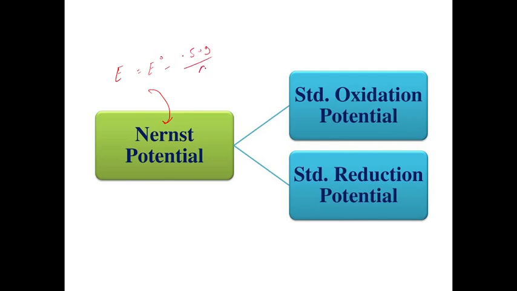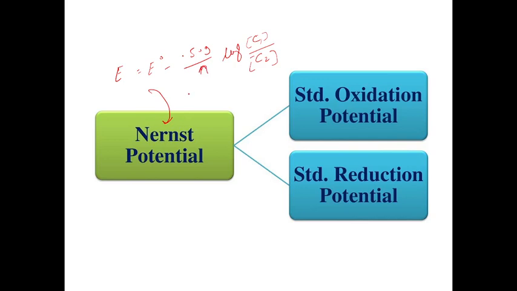E equals E naught minus 0.059 by n, log of the concentration ratio, C1 C2. You can calculate it again.